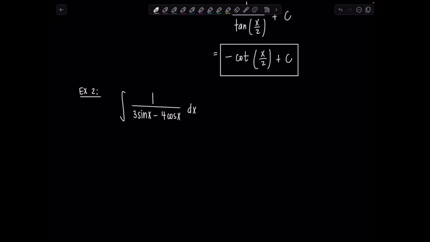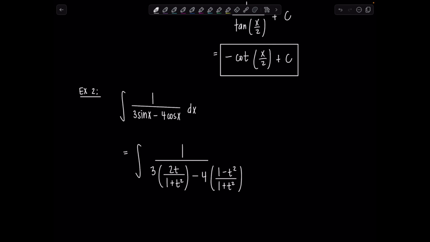Okay. So here we go. We have the integral of 1 over, this is going to be 3 times, now sine of x is 2t over 1 plus t squared, minus 4 times cosine x was 1 minus t squared over 1 plus t squared.